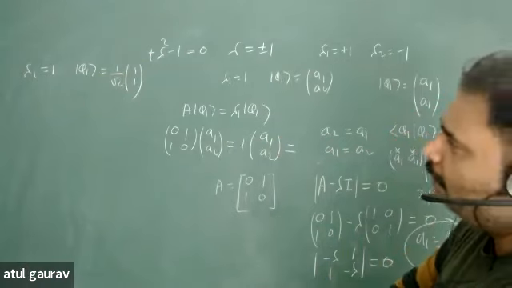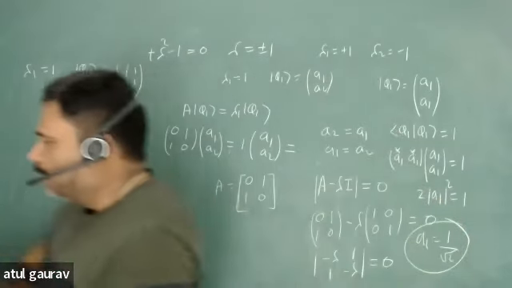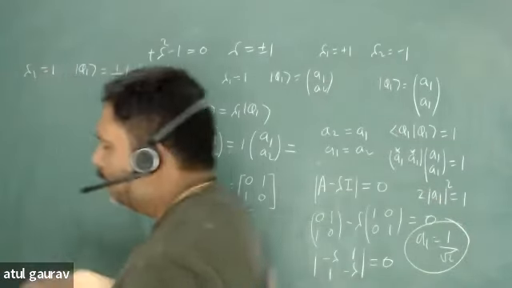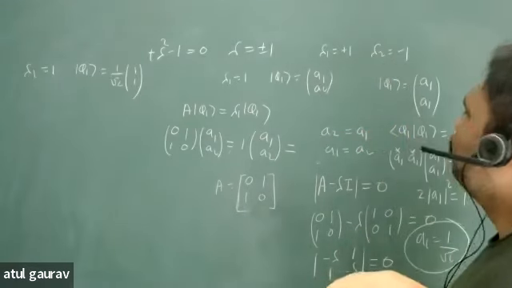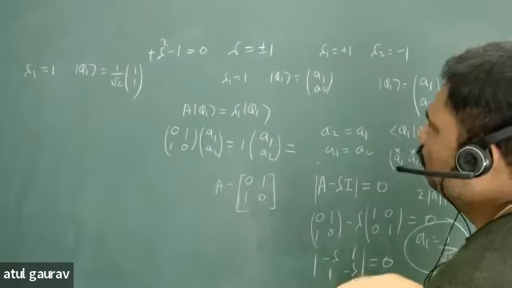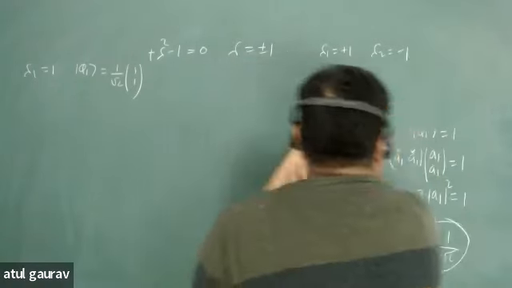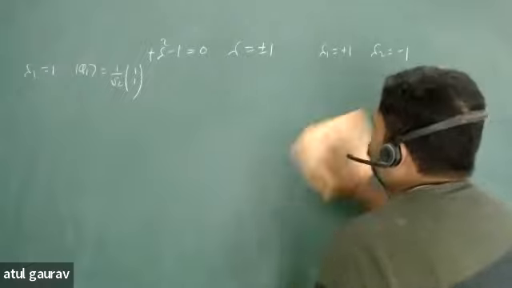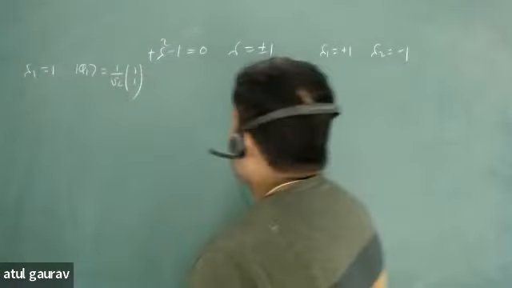Are you people comfortable? Okay. Let's try to go for the eigenvector corresponding to lambda is equal to minus 1. Shall we find it? Come on. This is just a very simple thing, but it is very important so that you can practice.